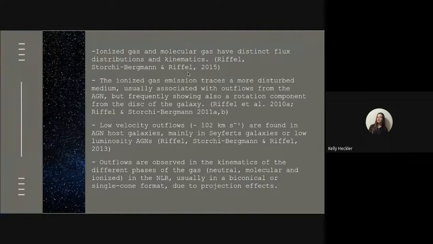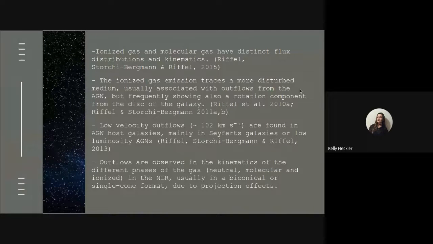Molecular gas traces mainly the inflow of gas, which we call feeding, and ionized gas traces mainly the feedback, AGN feedback. Ionized gas emission traces a more disturbed medium, usually associated with outflows from the AGN, but frequently also showing a rotation component from the disk of the galaxy.